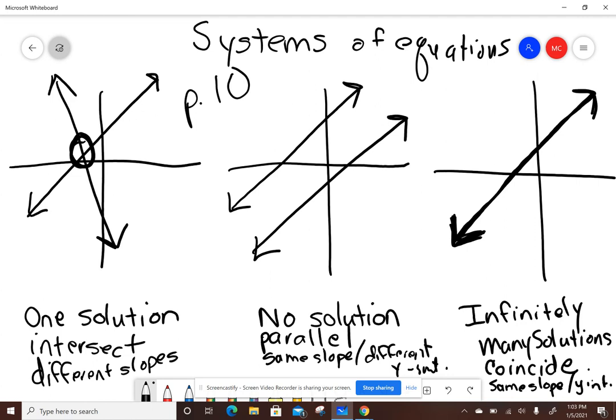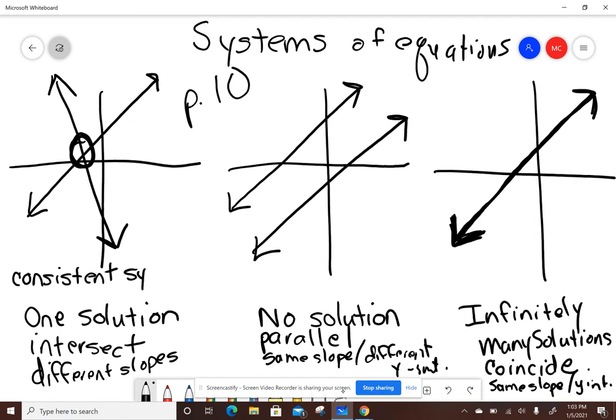Now, in addition to knowing the vocabulary on how to describe the lines, and when we describe lines we use words like slope and y-intercept, we're also going to describe the system. Now, the system has different vocabulary, okay? When you have any solution, we call that a consistent system, and you should add this to the notes on page 10.